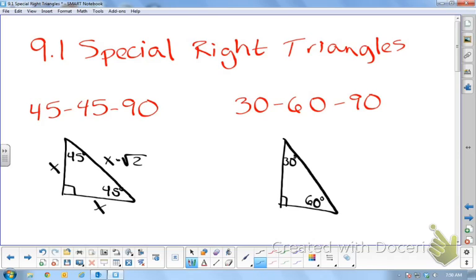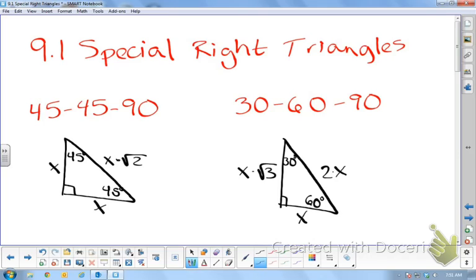30, 60, 90 is going to be a little bit different. We have one side is just x. One side is 2 times x. And one side is x times the square root of 3.